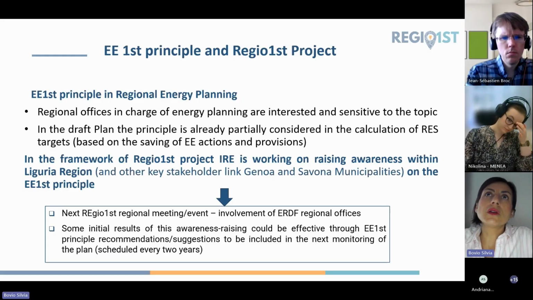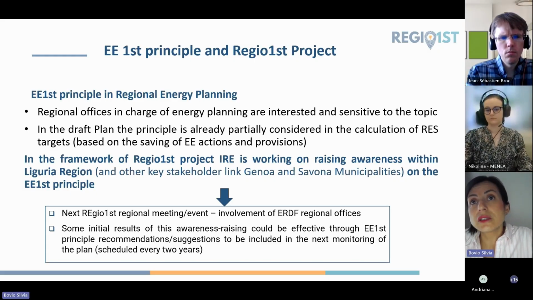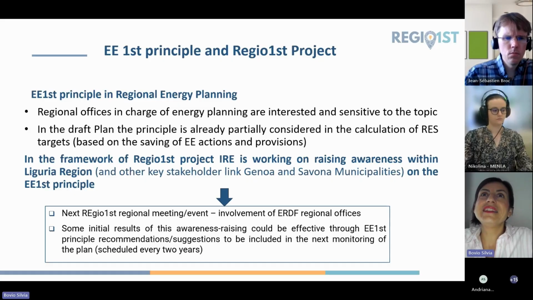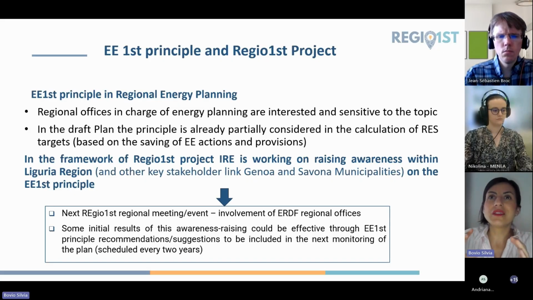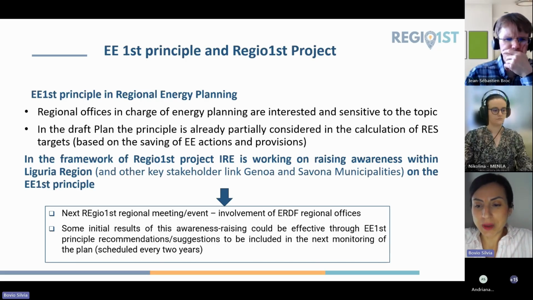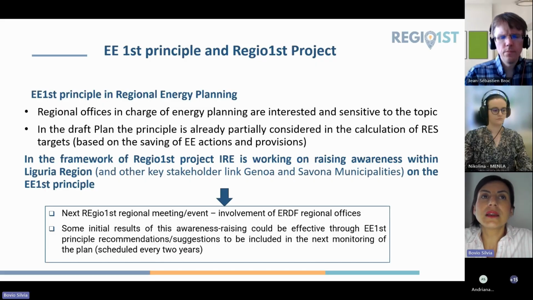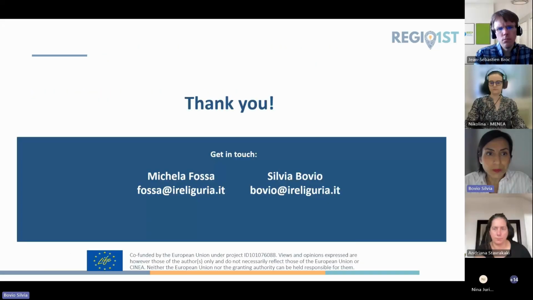So by the end of 2026, we have to produce the first monitoring of the plan, and on that occasion we can also adjust the objectives or the actions that we initially planned, and our purpose is to try on that occasion to include more the energy efficiency principle, instead of waiting for the next plan that will be after 2030.